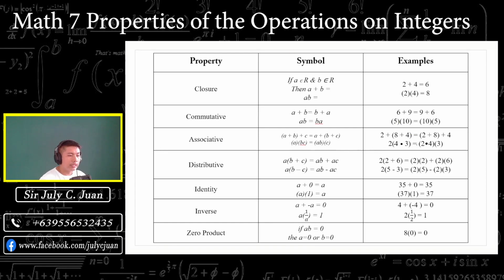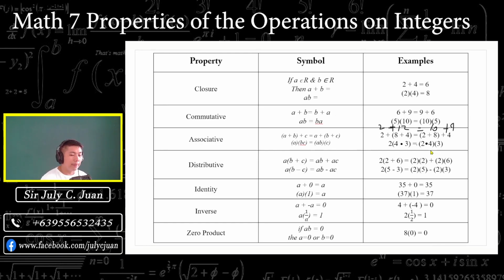Anong magiging sagot natin? This will become 2 plus 12 and 10 is equal to 10 plus 4. So parehas pa rin na 14 ang lalabas. Okay? So ganun din sa multiplication.